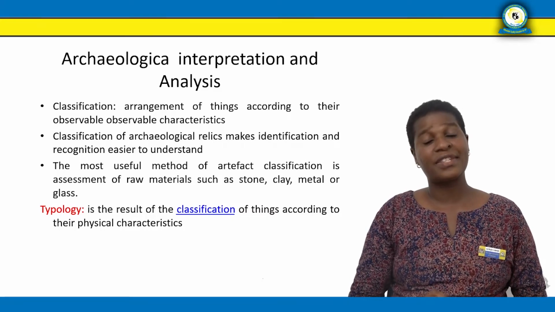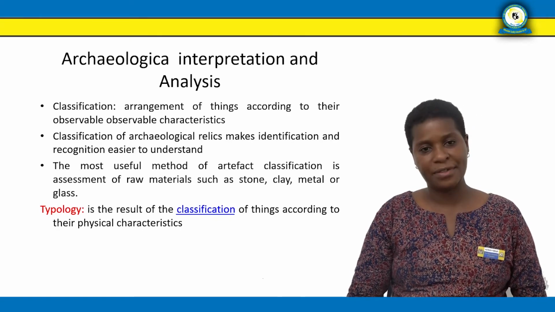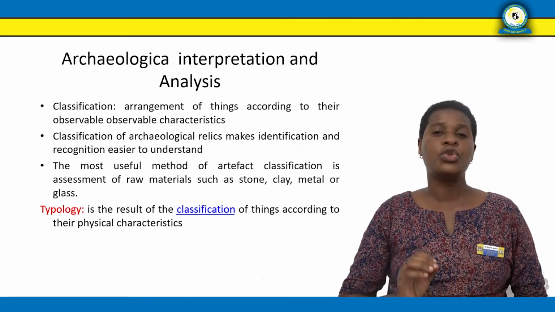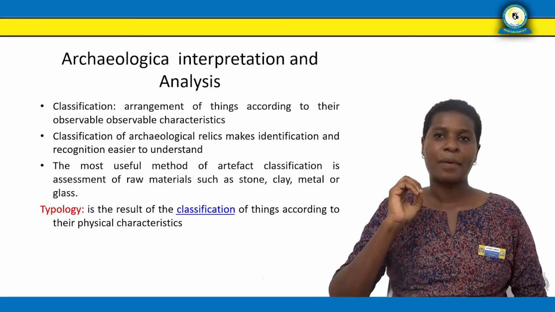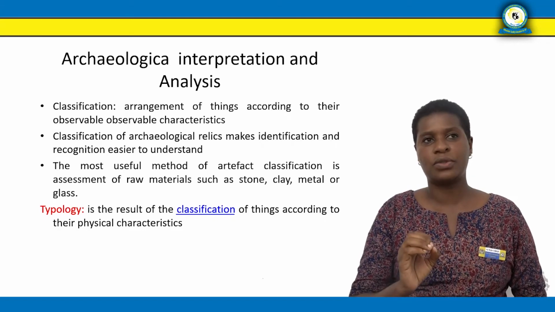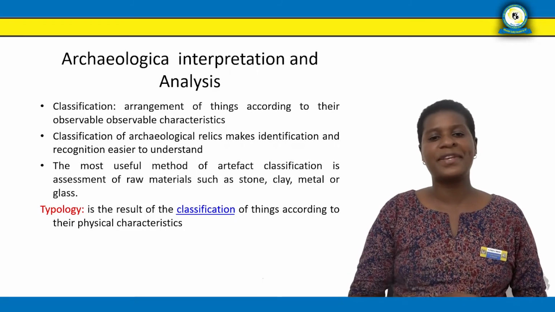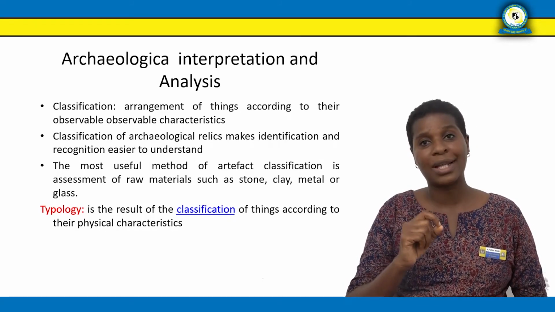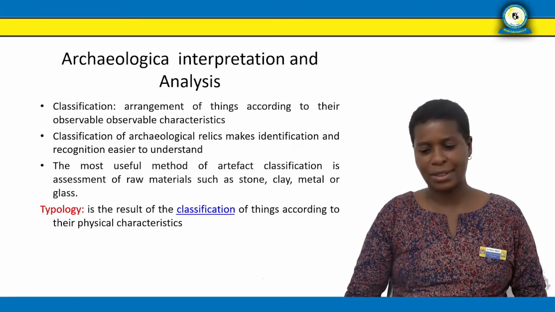This is the classification of things according to their physical characteristics. At first, we said classification as it is, you group the materials according to the raw materials which they are made of. But when you go to typology now, you classify the things according to their physical characteristics. We will see what are these physical characteristics.